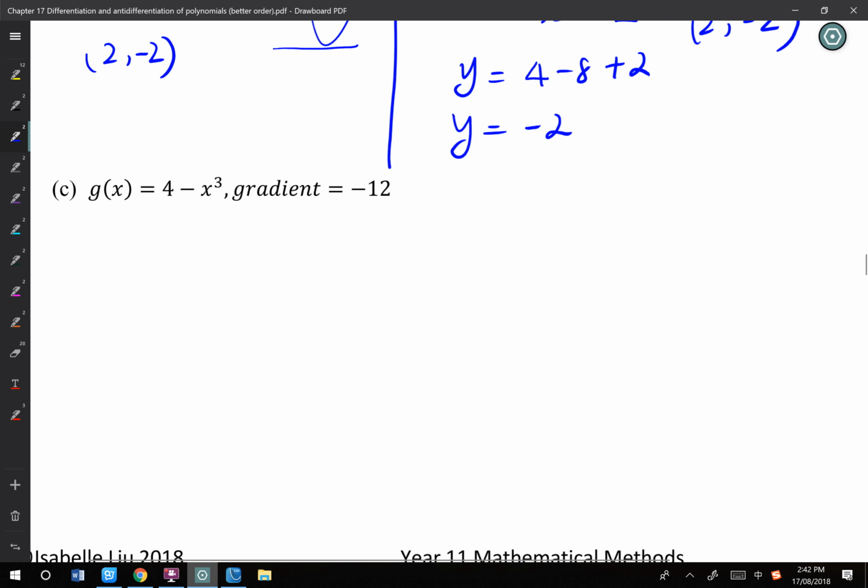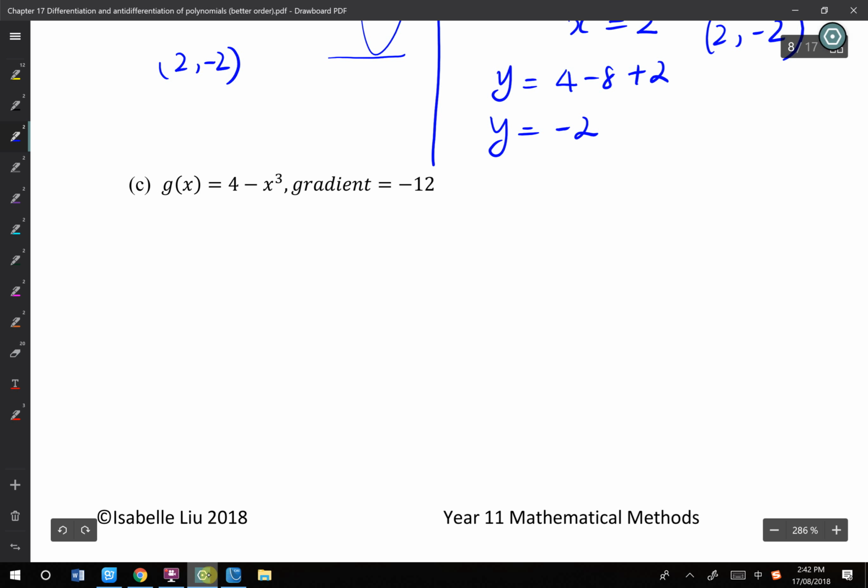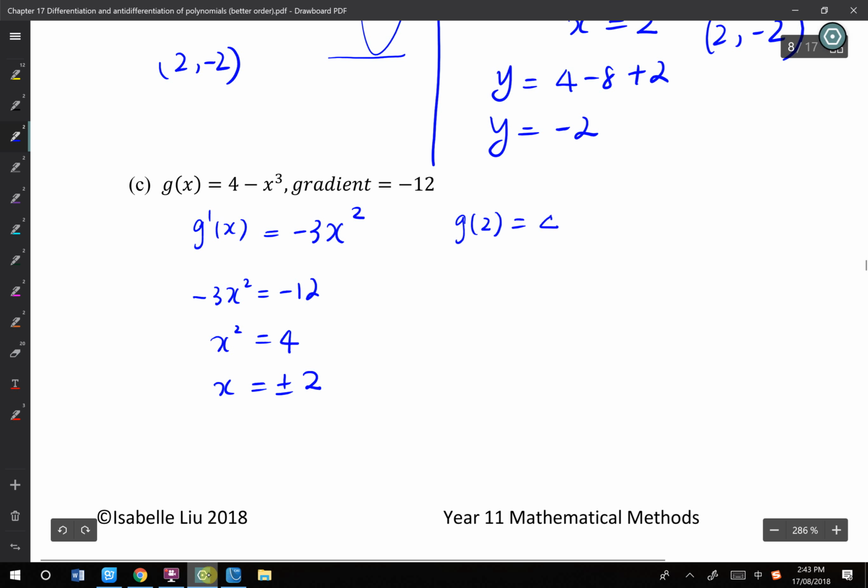Okay, next one. Gradient equals negative 12. I have g dash x equals negative 3x squared. And then negative 3x squared equals negative 12. x squared equals 4. x equals plus minus 2. So g of 2 equals 4 minus 8, that equals negative 4. g of negative 2 equals 4 plus 8, that equals 12.